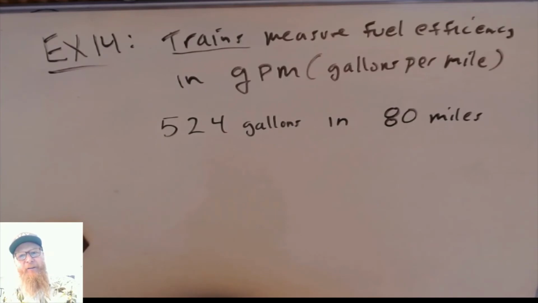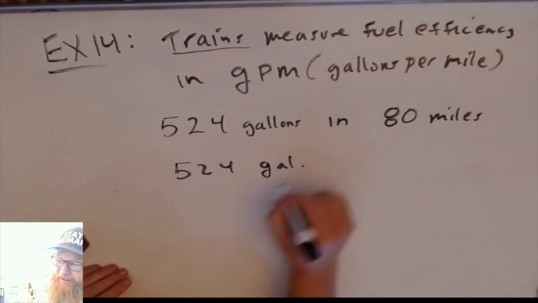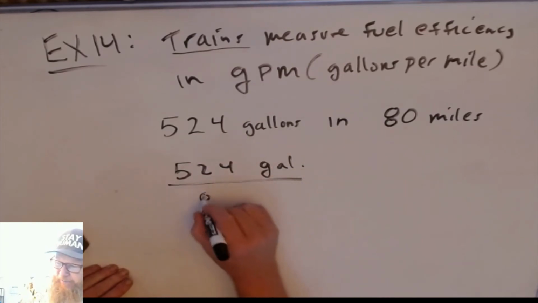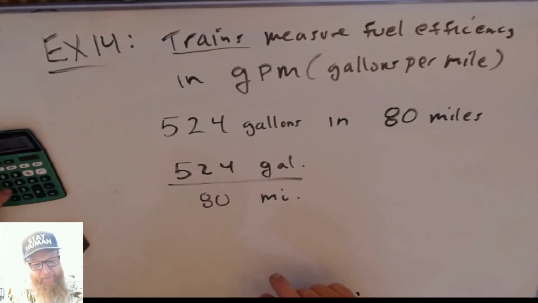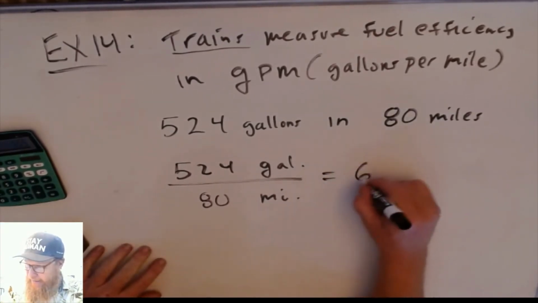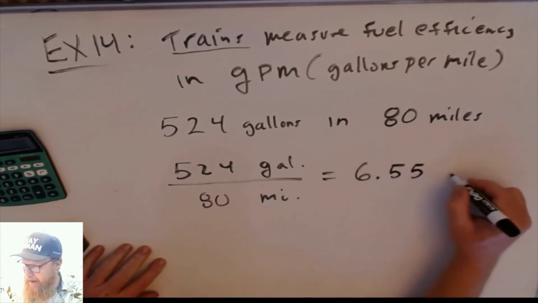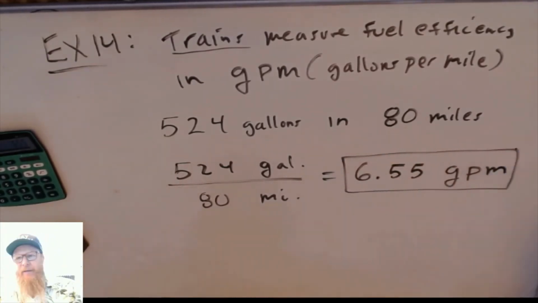So the fuel efficiency is 524 gallons, I'm just going to abbreviate gal, over 80 mi, just while I'm doing the math. 524 divided by 80 is 6.55 GPM. 6.55 gallons per mile.